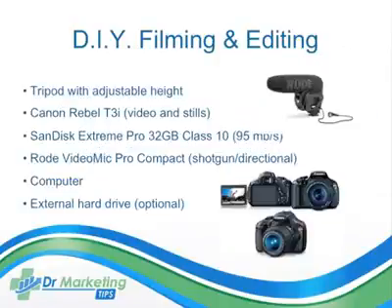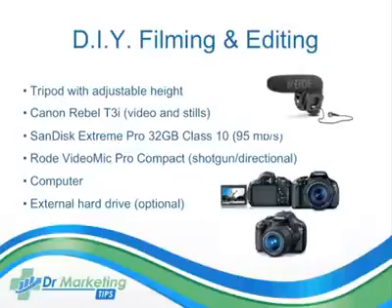As far as the filming and editing goes, what you'll see on the screen right now are some of the products that we use. Obviously, we have our tripod, so the camera's nice and steady. We use a Canon Rebel T3i. That's actually a picture of it there.